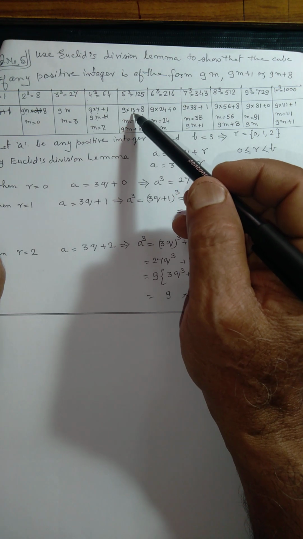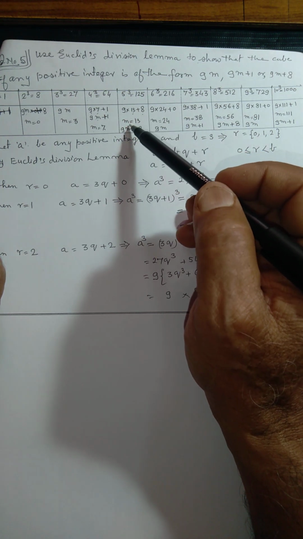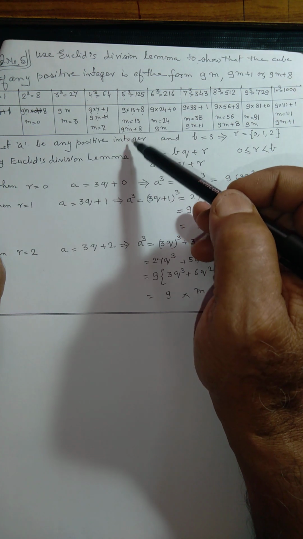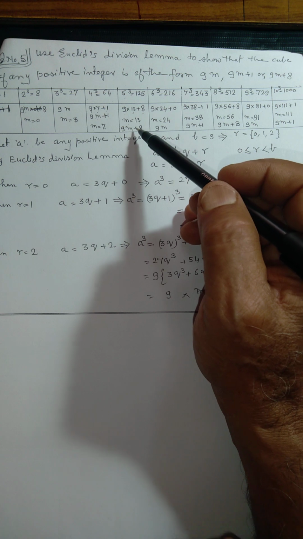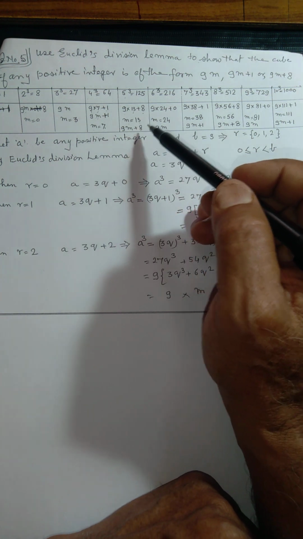See, 9 times 13 is 117, plus 8 is 125. So m is equal to 13 here, and it is in the form of 9m plus 8.